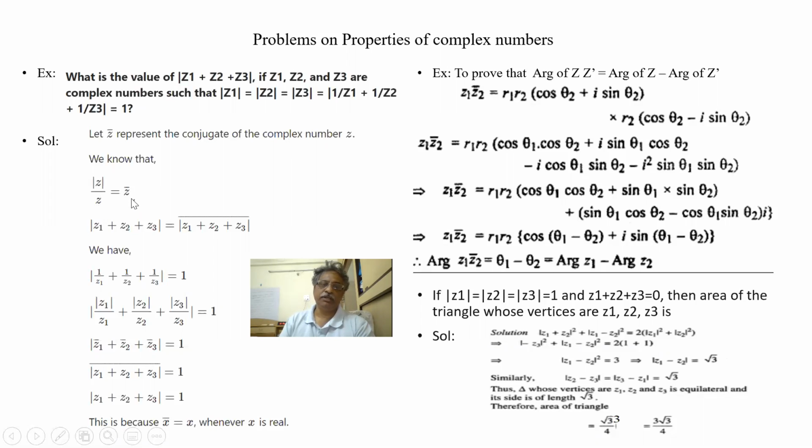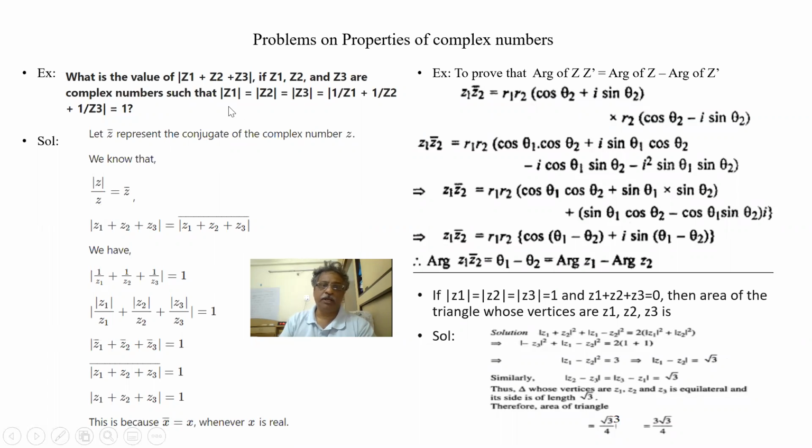So Z into Z bar is mod Z whole square, because mod Z is root of x square plus y square. But Z into Z bar is nothing but x square plus y square, the root is not there. So this is mod Z square.